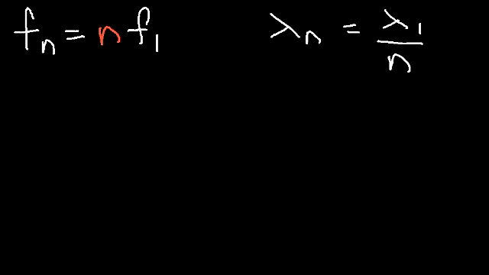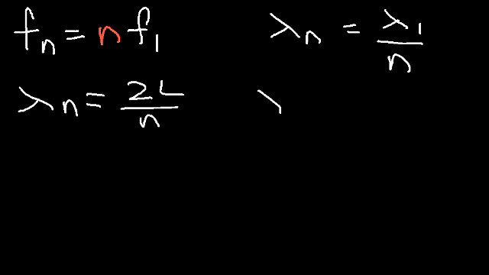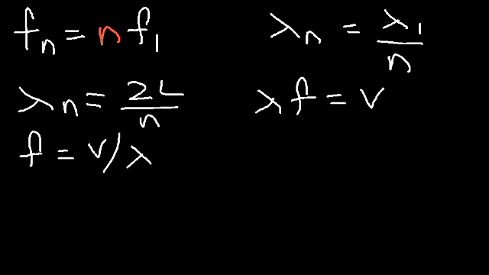Now let's talk about how to derive these equations. So keep in mind that lambda n we said was 2L divided by n. And we know that wavelength times frequency is equal to the speed of the wave. If we solve for frequency, the frequency is going to be the speed divided by the wavelength. So the frequency for any fundamental, or for any harmonic, is the speed divided by the wavelength that corresponds to that particular harmonic.